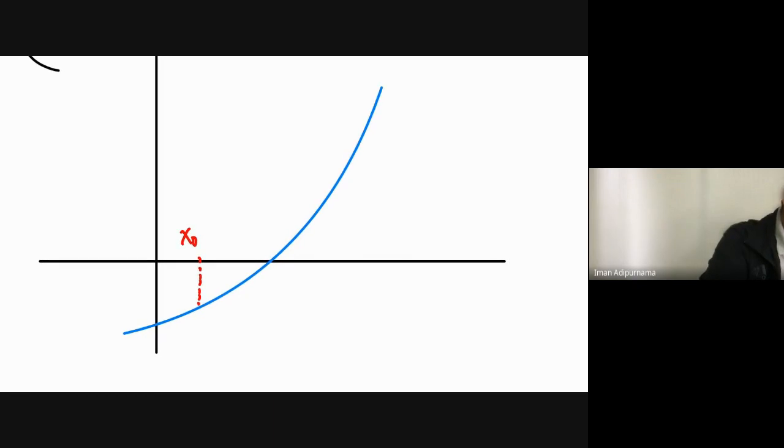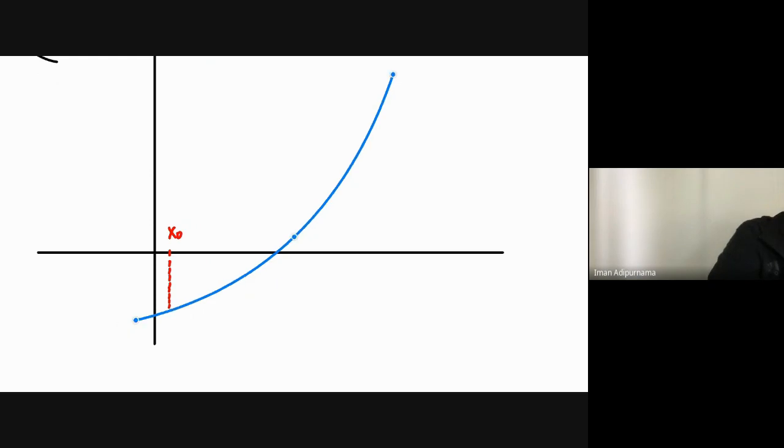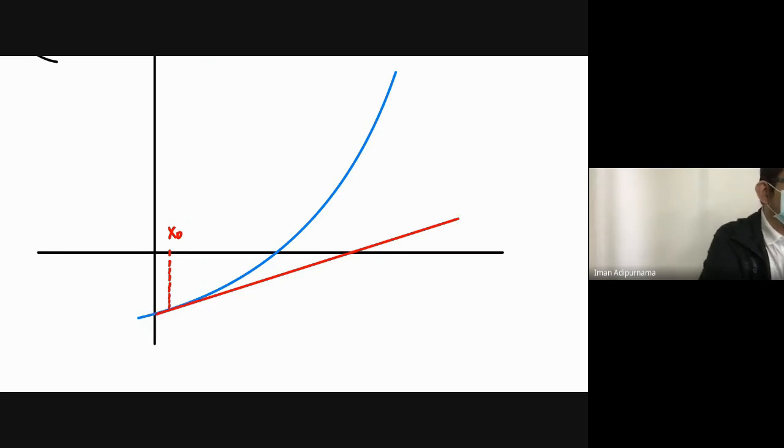When you have x0 here, you are going to have some point on the curve, and from that point we can make a tangent line like this. I can make the x0 a little bit over here so that I can make a tangent line that is visible.